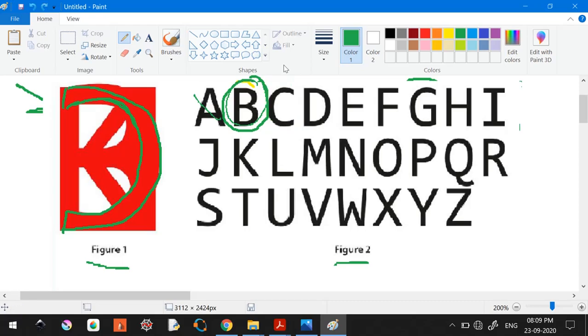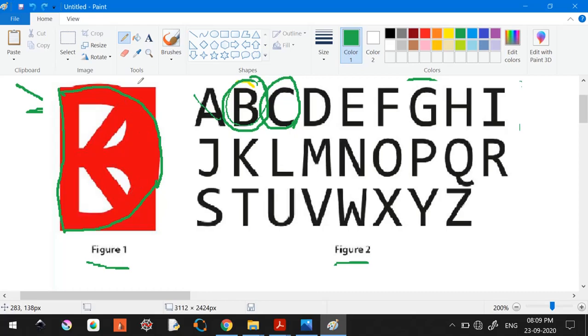D. I have to go this side. D is straightforward. I think it is clear to me. Hope to you also. So this one, and this gave me an impression that D can be drawn like this, right? Cool.